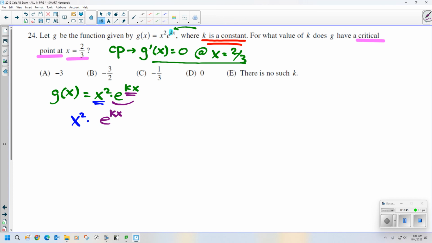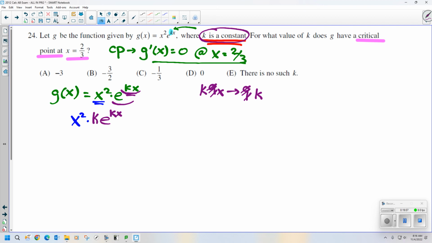Remember, k is a constant, like, I don't know, 9. Wouldn't the derivative of 9x be 9? So if it's kx, wouldn't it just be k? It would be. So it's e to the kx times the derivative of the exponent, which is just k, and I'll put that out front.